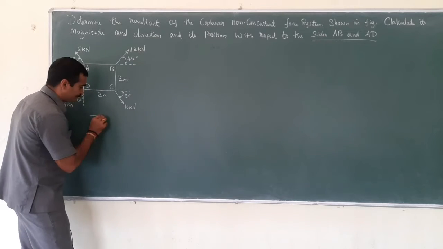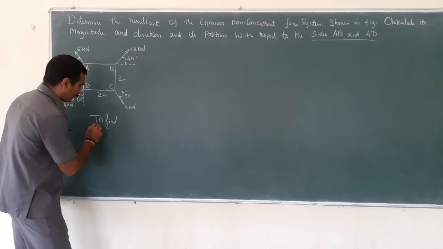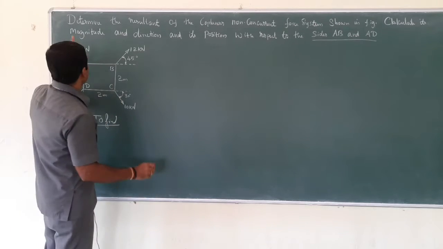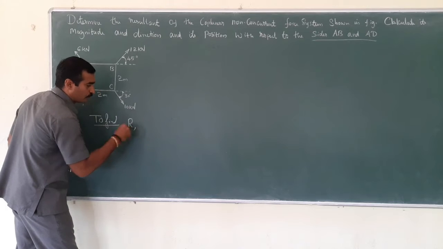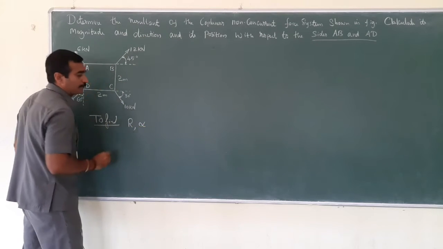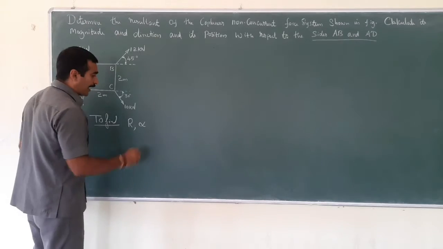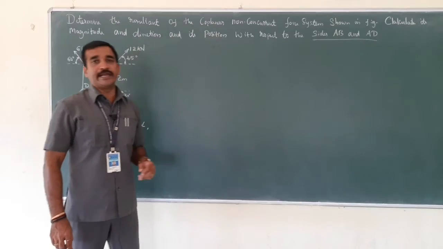To find its magnitude, that is the resultant force, and the direction alpha, and the position with respect to sides AB and AD.